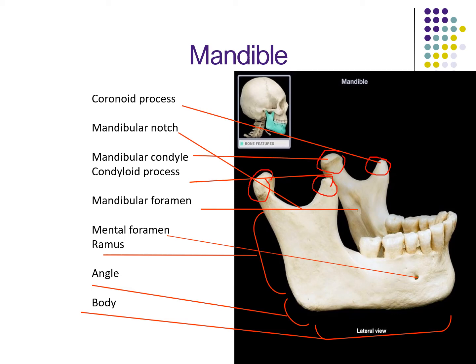Then the mandibular notch, which is right here. The mandibular foramen is right on the inside. And you have the mental foramen, and the ramus, the angle, and the body.